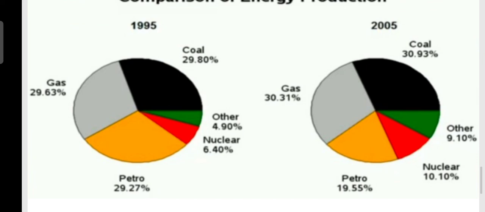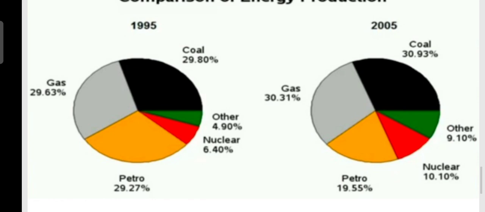In 1905: coal 29.80%, others just 4.9, nuclear 6.40, petrol 29.27, and gas 29.60. Now in 2005, gas is 30 to 31, almost the same.